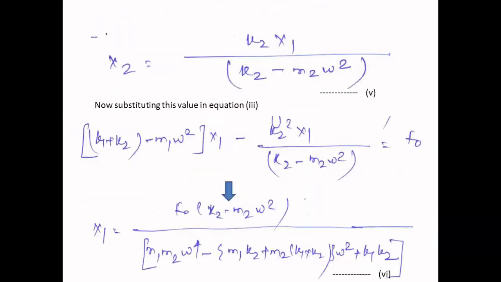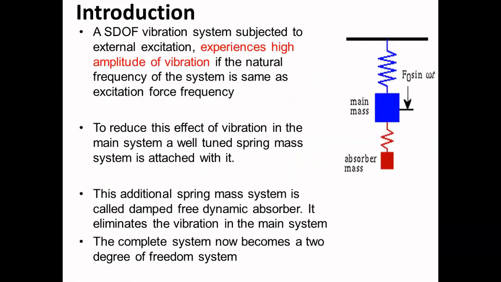But students, as I told you in the beginning, we require a vibration absorber only in the case when omega is equal to the natural frequency of the main mass, because in that case only there is high vibration in the main mass. It means once there is a resonance condition of the main mass with the external excitation force, then only we require a vibration absorber.